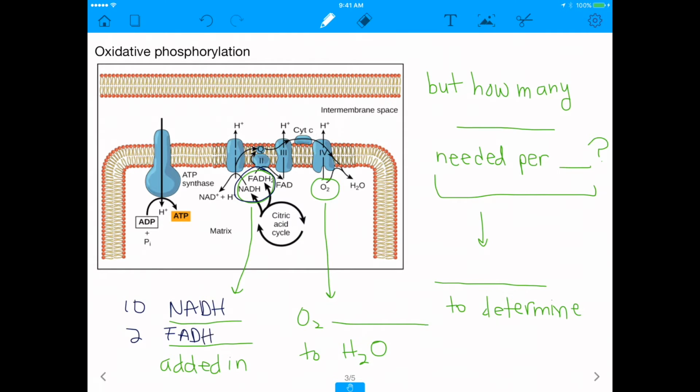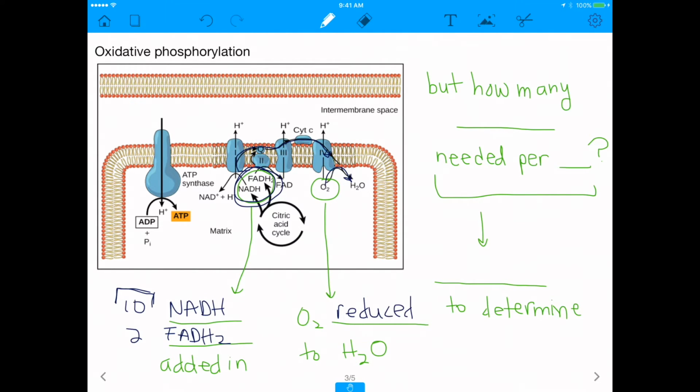If you really wanted to figure out how many O2 molecules are needed for every one molecule of glucose, you'd have to figure out how many O2s are needed in the process of giving 10 NADH and 2 FADH2 to the electron transport chain. For every NADH or FADH2, the electrons are taken out and go down the chain and eventually end up reducing oxygen to water. So O2 is reduced to water.